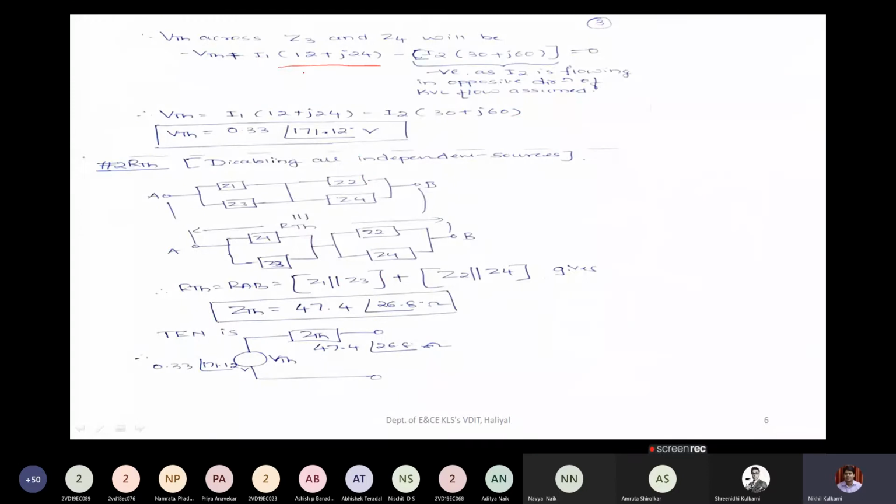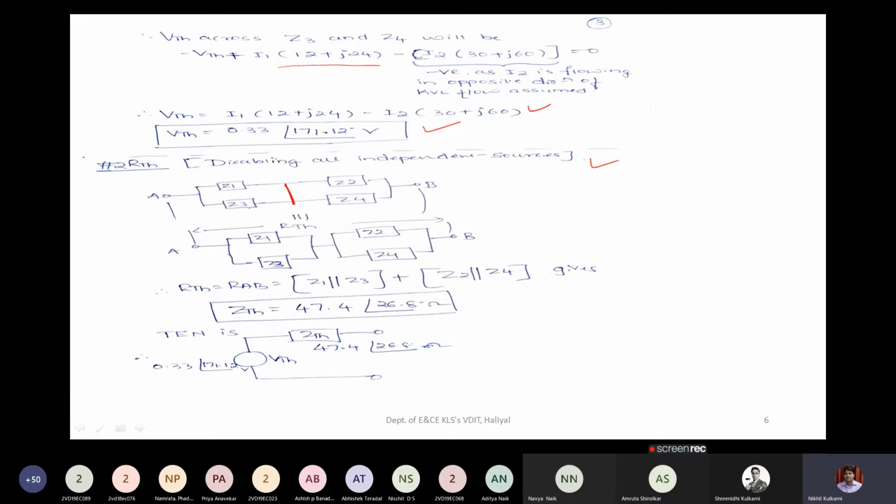So like that, if you calculate, what you will be getting is the VTH value as this. So finally we arrive at VTH is equal to this value. Next is again the same thing. You have to calculate the RTH or ZTH. If you disable that voltage source, it will come here. So what will happen?